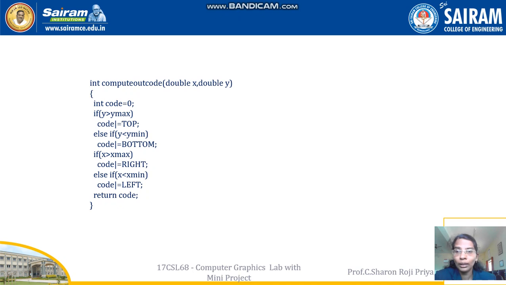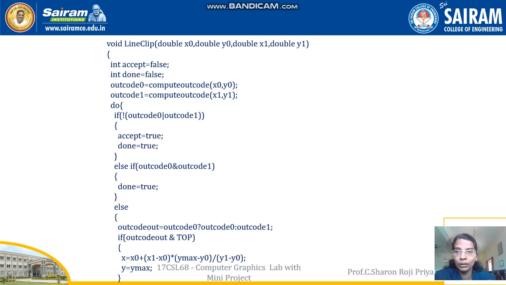No. Then coming to this else if condition, whether 20 is less than y min. What is my y min? Y min is 50. Yes. Right. Now my code becomes bottom. This value will be returned and it will be stored in my outcode, right?